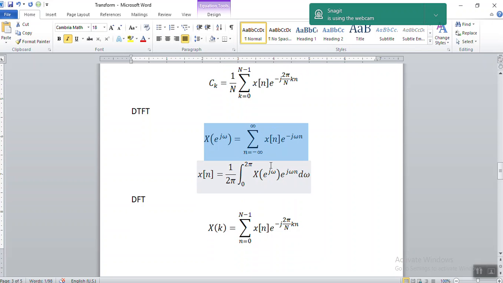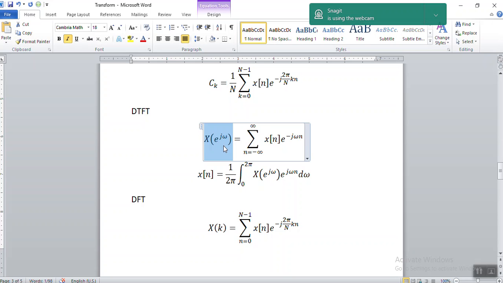DTFT, discrete time Fourier transform. Similarly, if we multiply both sides of this by e to the power plus j omega n and integrate over 0 to 2 pi, because although it is a discrete time Fourier transform, this X of e to the power j omega is continuous in frequency.